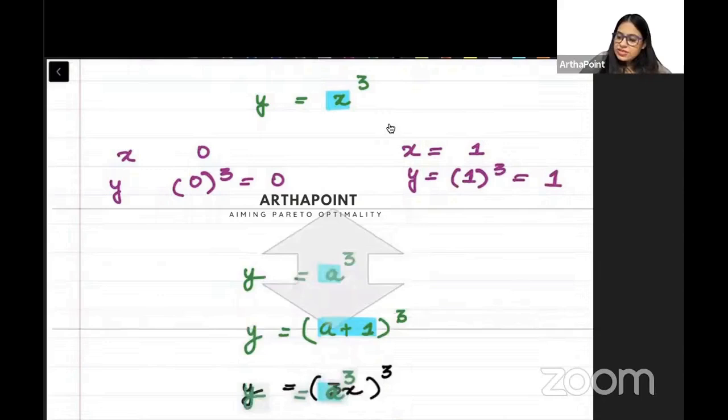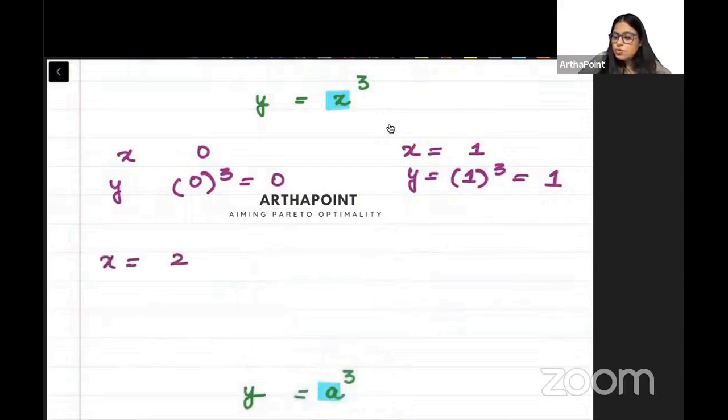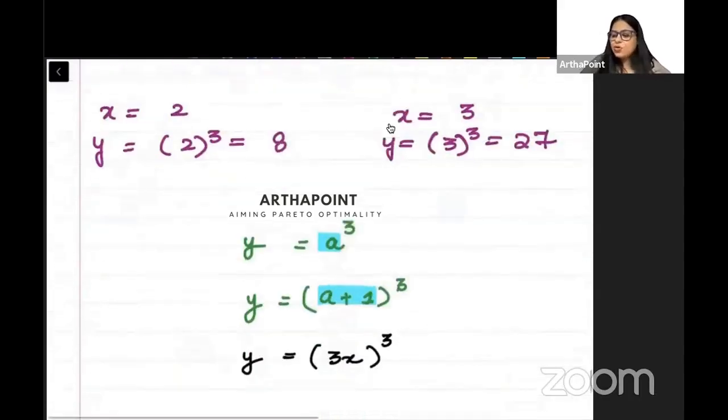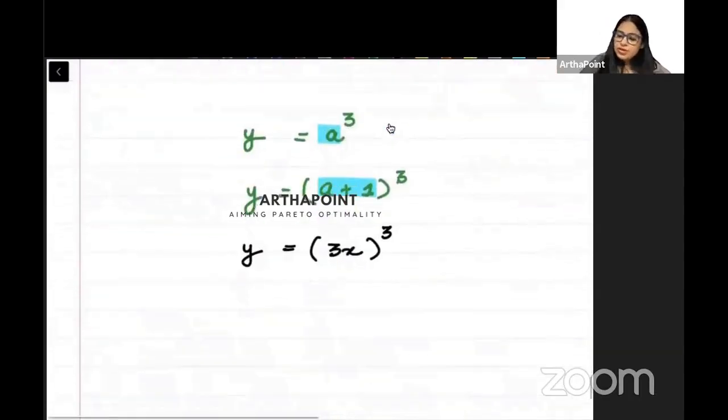When x is 2, y will be 2 to the power 3, 8. When x is 3, y will be 3 to the power 3, 27. So assign to any number the cube of that. Similarly, take a here.